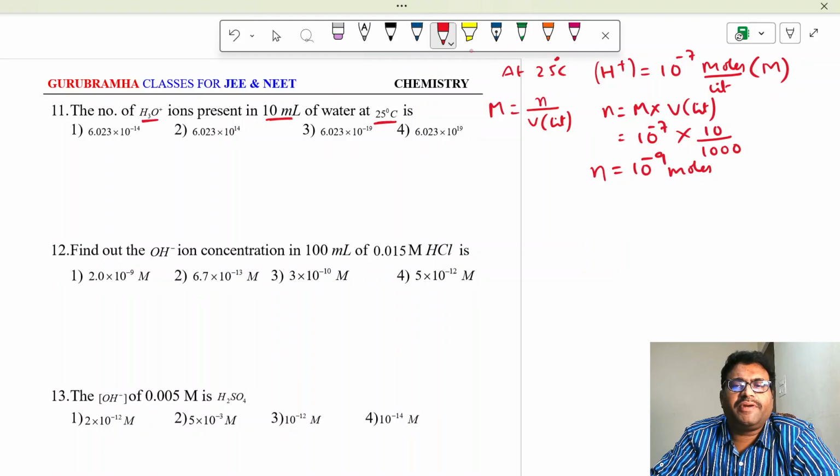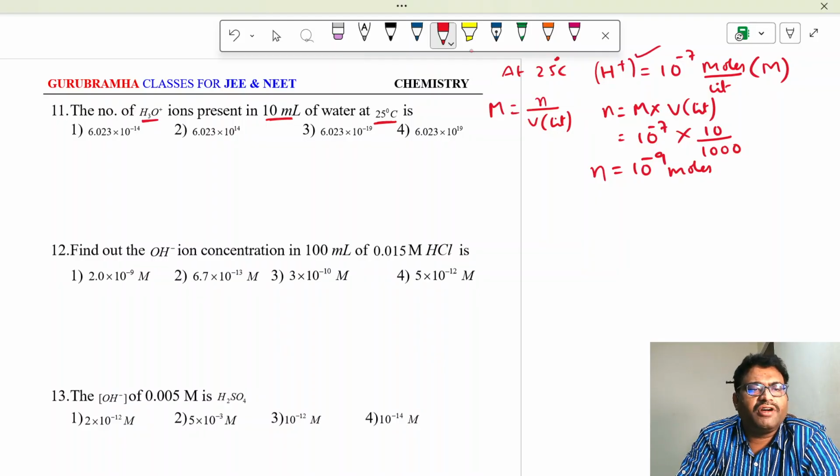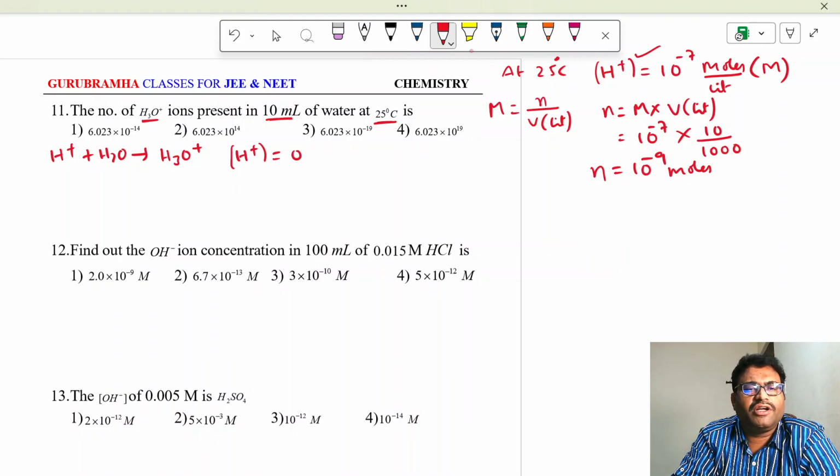Okay. H plus is nothing but, we know that one H plus combines with one H2O to give rise to one H3O plus. So H plus ion concentration is nothing but H3O plus concentration. H plus can also be represented as H3O plus ion concentration.